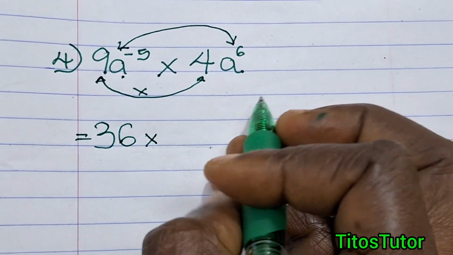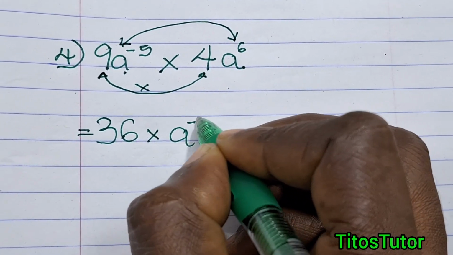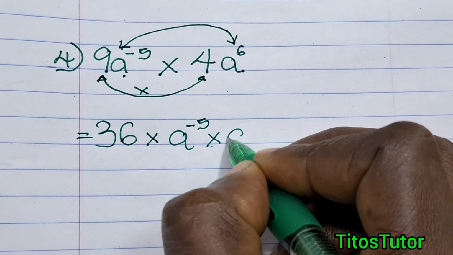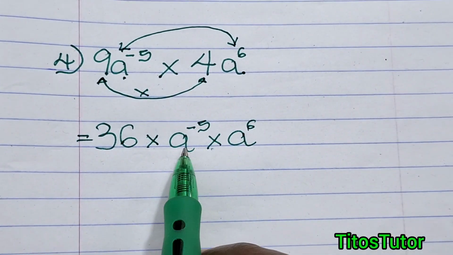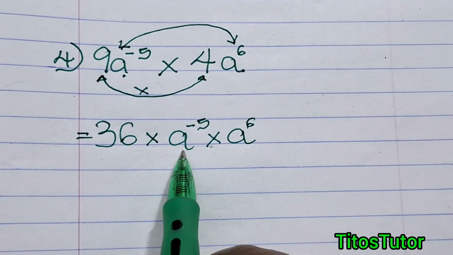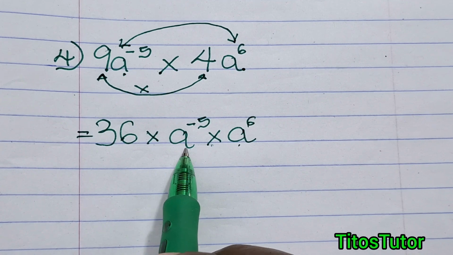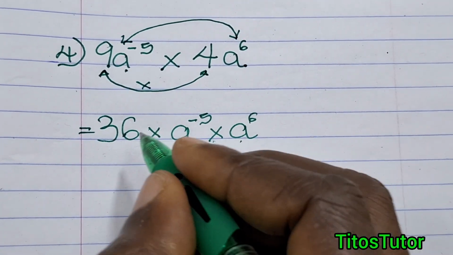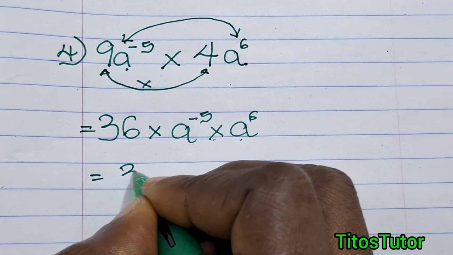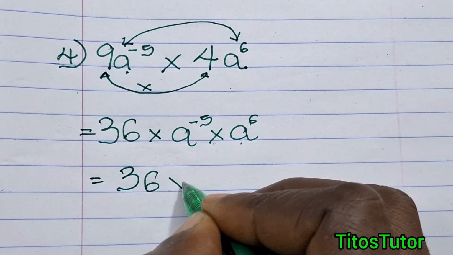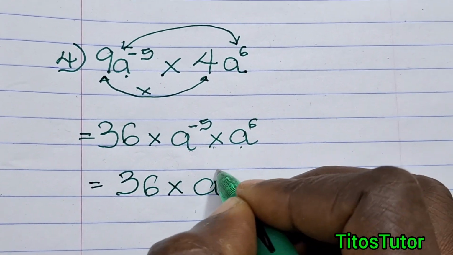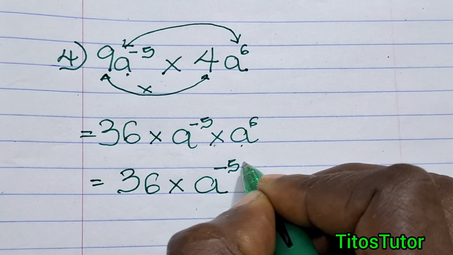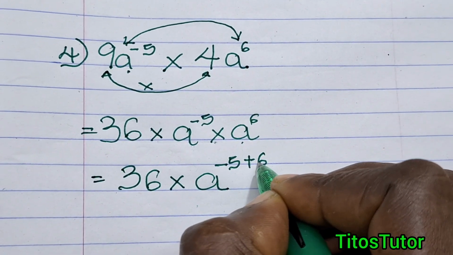So it is times a raised to the power of negative 5 multiplied by a raised to the power of 6. They both have a as their base, so I use the product law. I choose one of the bases. So this is still 36 times a, and add negative 5 plus 6. That's going to give you 1.